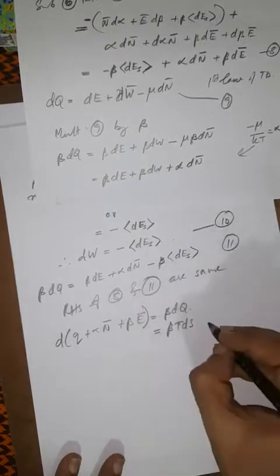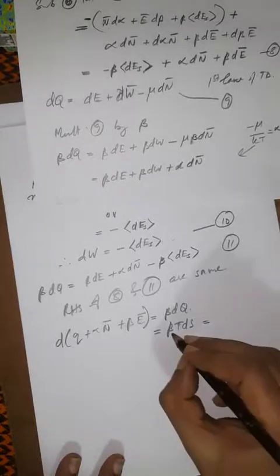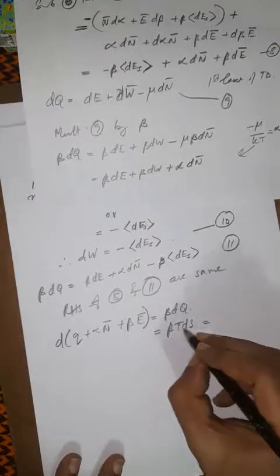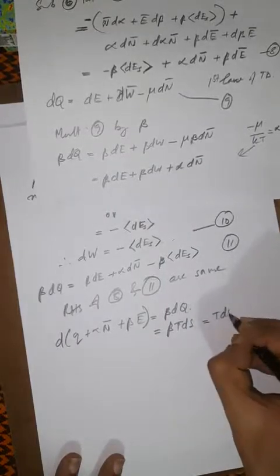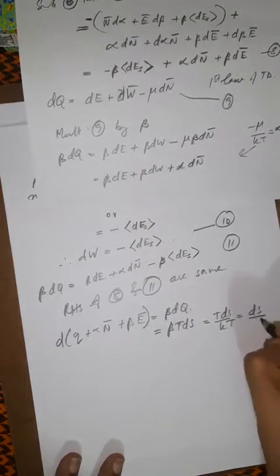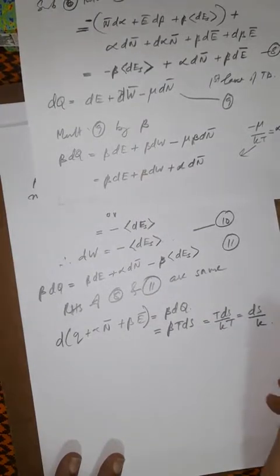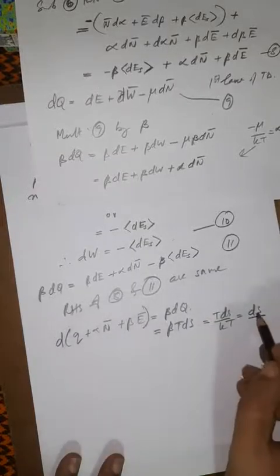Beta is 1 by kT, so T dS by kT is equal to dS by k. So d of this is equal to dS by k.